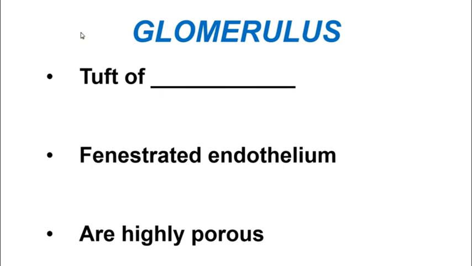That means the fenestrations are small pores within those capillaries, and the endothelium that lines the walls of those capillaries has lots and lots of small pores in it, so that fluid but not cells can pass from the glomerulus into the glomerular capsule.